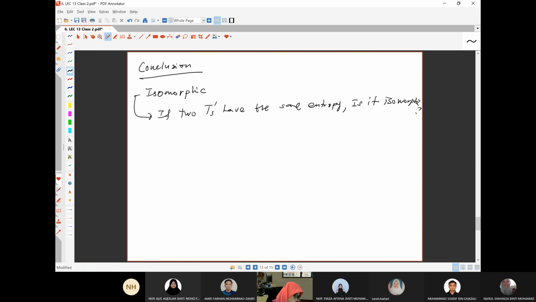If two transformations are isomorphic, that means they have the same entropy, right? But otherwise, if two T's have the same entropy, are they isomorphic? No, not true.